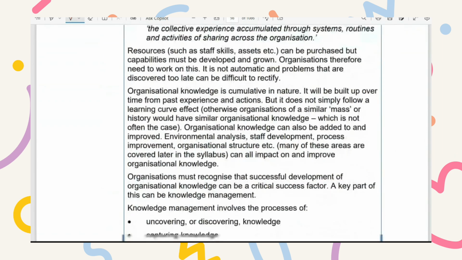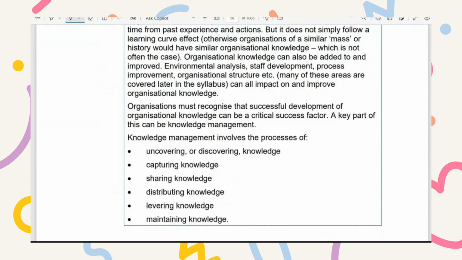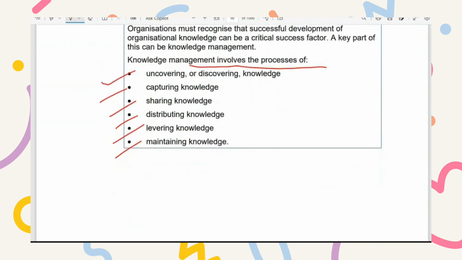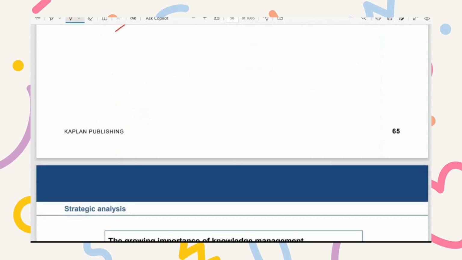Organizational knowledge as a strategic capability. Knowledge management involves uncovering or discovering knowledge, capturing knowledge, sharing knowledge, distributing knowledge, leveraging knowledge, and maintaining knowledge.